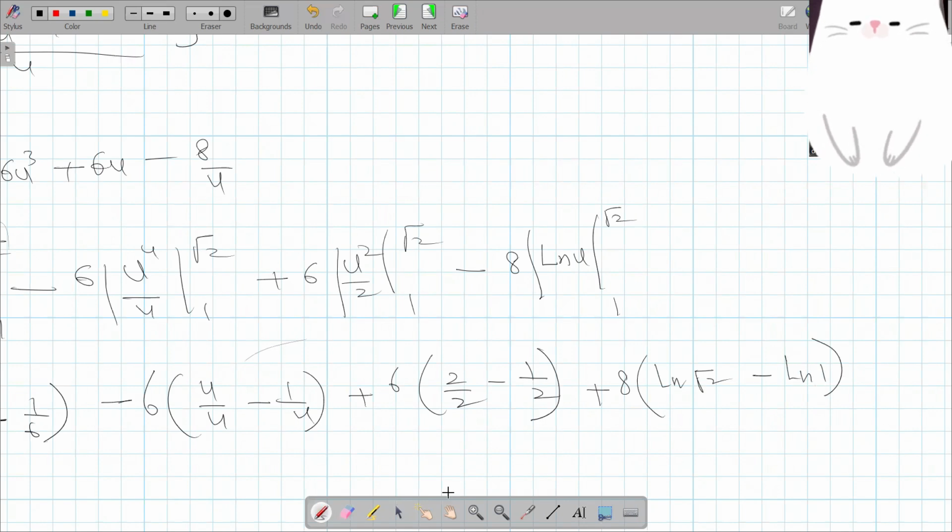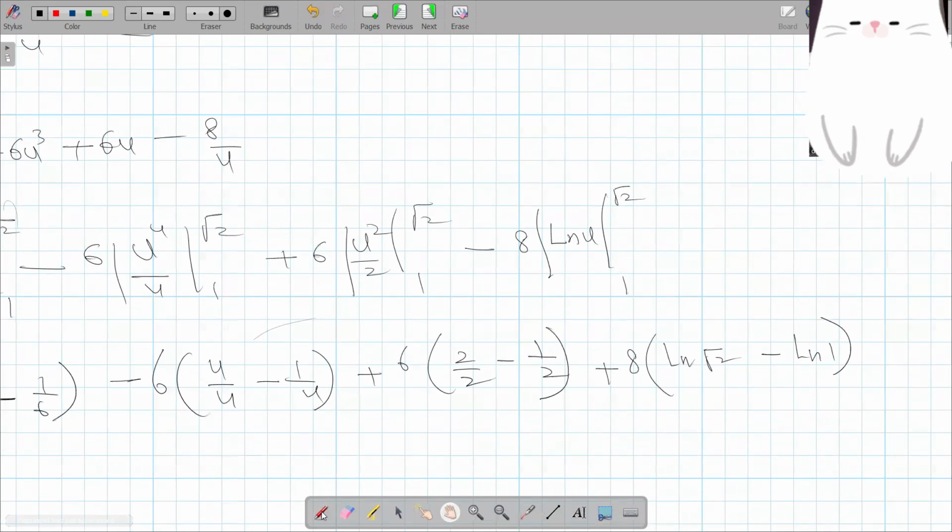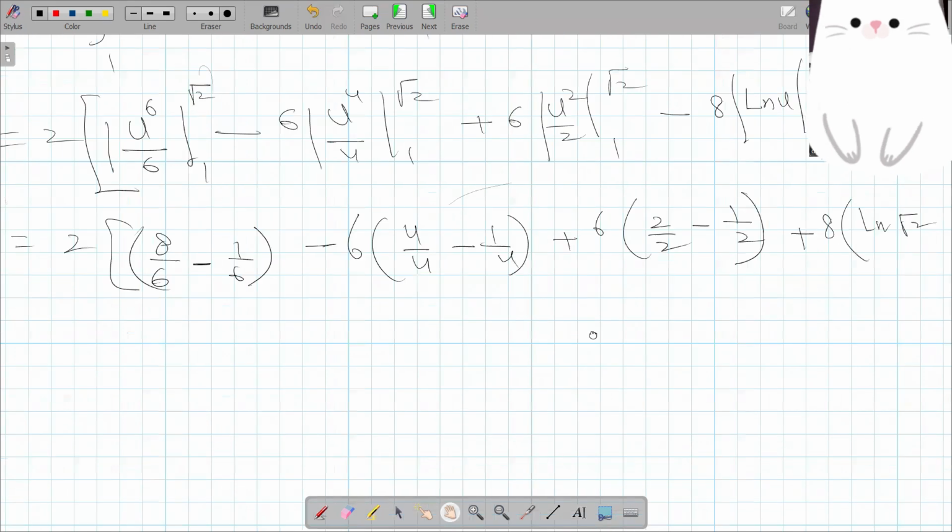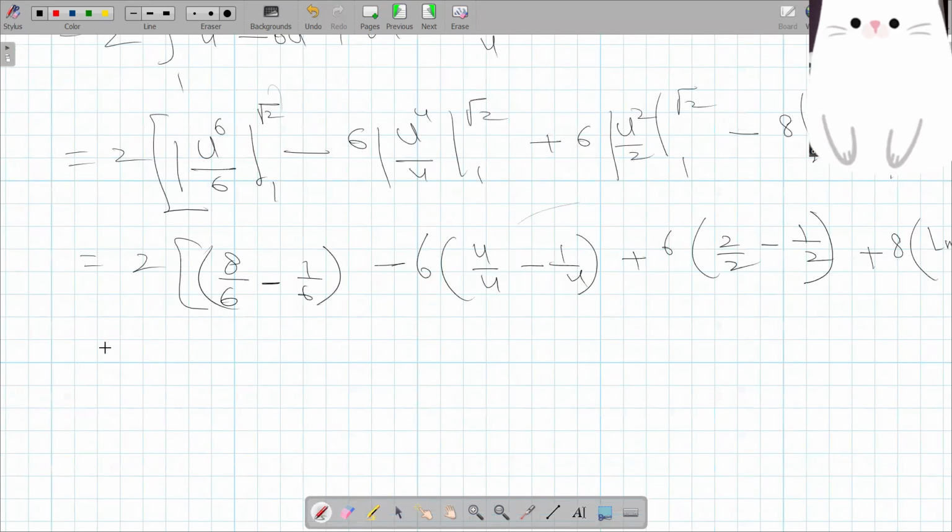Log 1 is 0, so this will be 0. So we just need to calculate all this. 8 over 6 minus 1 over 6 will be 7 over 6.